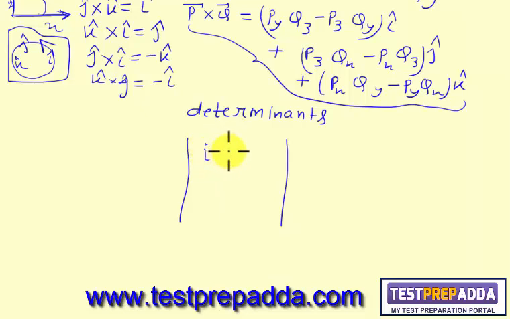First row it will be I cap, J cap, K cap, and the second row will be representing vector P, so it will be Px, Py, Pz, and third row will be representing the vector Q, so Qx, Qy, Qz. Now, if we expand this determinant, we will get this. Now, how to expand this?